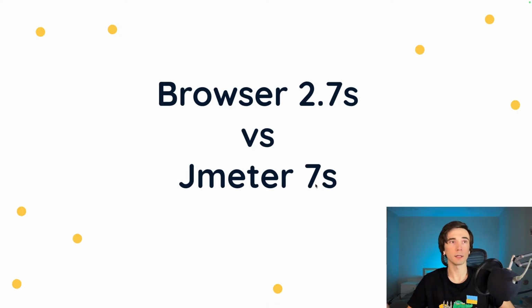Because why does your test show that the checkout of an order takes 20 seconds, when in reality it takes 5 seconds? And it will be really hard for you to prove to them that your testing approach is legit, and that's fine, right?